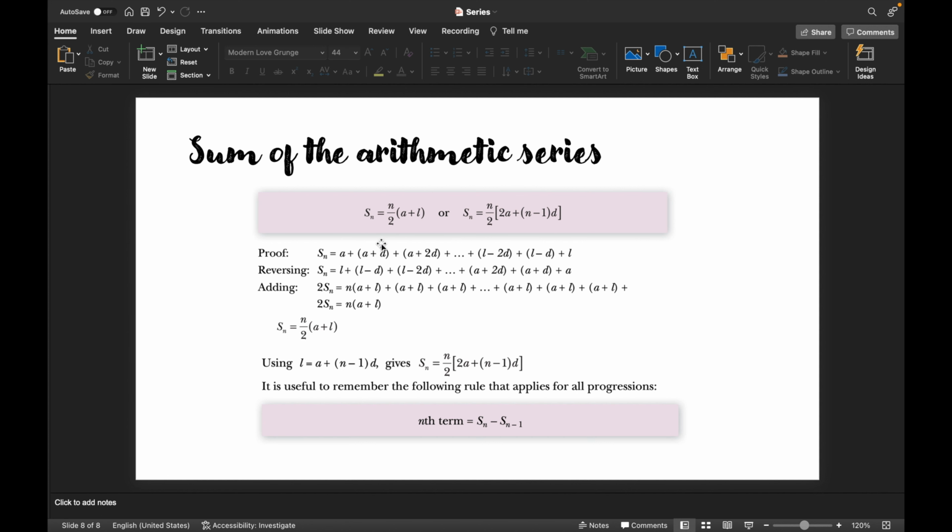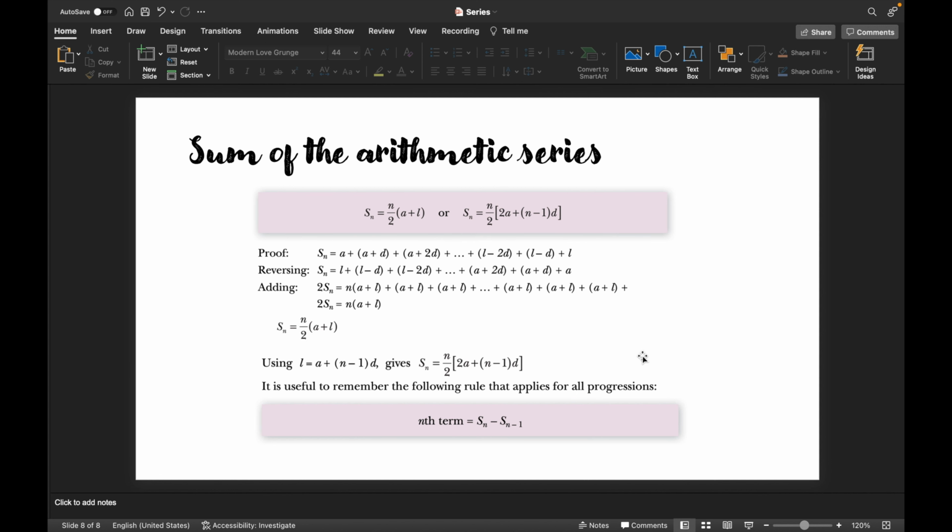The sum of n elements is n divided by 2 multiplied by a plus l, where a is the first term and l is the last term. Or you can also take Sn is half n multiplied by 2a plus n minus 1 d. This will be given in the formula booklet, so you don't have to worry about that.